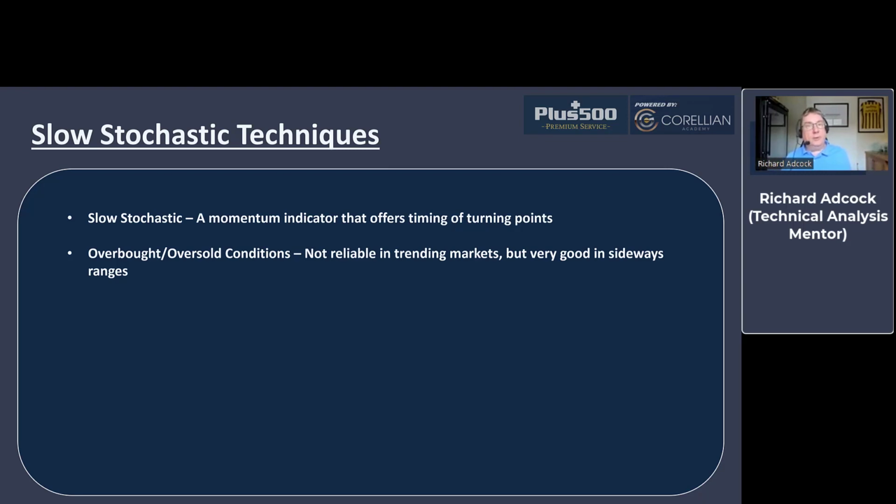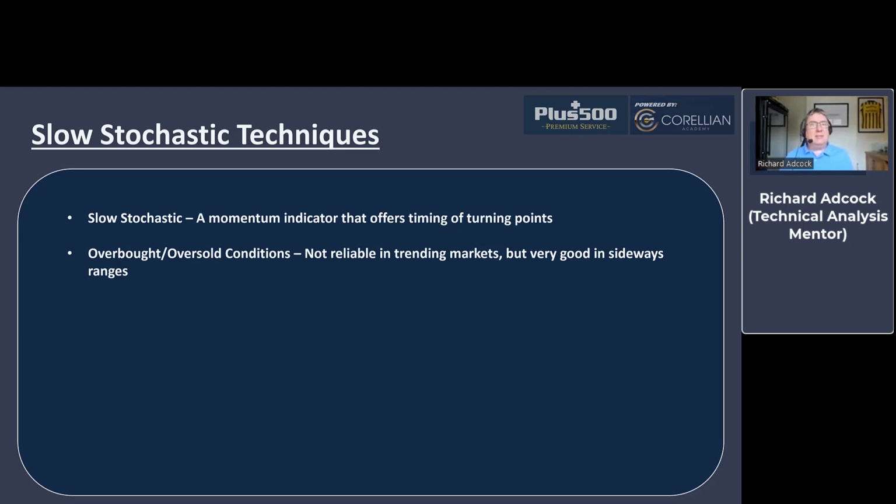If we're below 30%, then it's classed as being oversold. Now, that's all well and good, but we need to be aware that the slow stochastic and any momentum-based indicator is not that reliable within a trending market, be it to the up or to the downside. However, when we see a sideways trading range form, that's when the overbought and oversold readings come into their own and reflect turning points within the market.